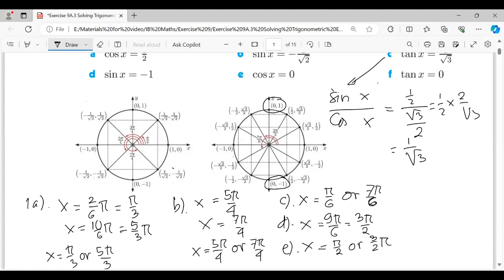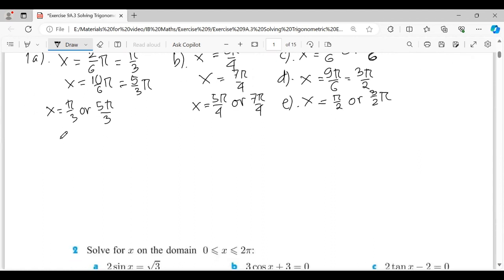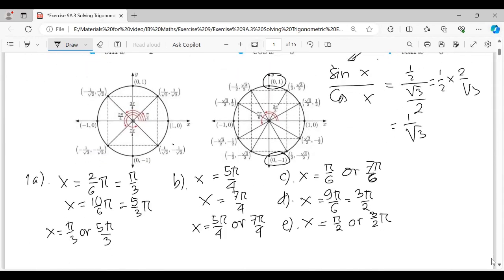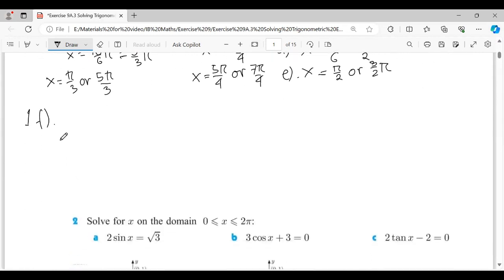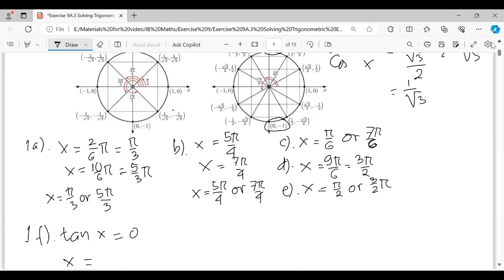And then f, tangent x equals 0. If tangent x equals 0, look at the diagram.